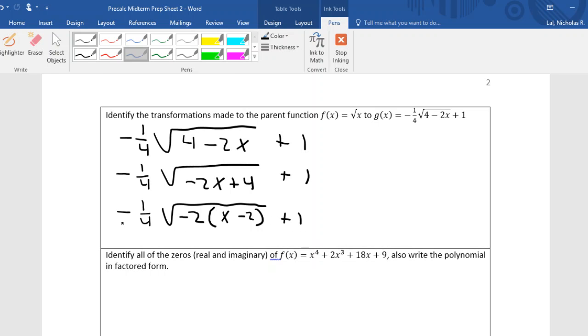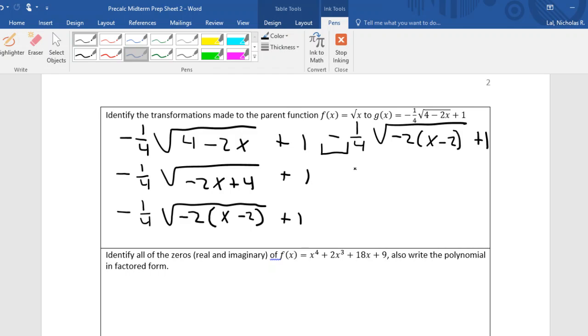So we have negative 1/4 times the square root of -2 times x minus 2, plus 1. So I'm going to rewrite it so we can identify the transformations. Negative 1/4 square root of -2, x minus 2 plus 1. What's this negative sign? What does that indicate?